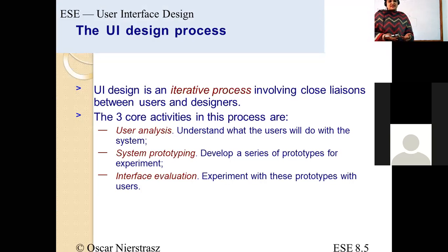By user analysis, we mean understanding what the user will do with the system. System prototyping means developing a series of prototypes for experiments, and interface evaluation means experimenting with these prototypes with the user: I have created a user interface prototype, are you satisfied? If the user says he is satisfied, we can proceed; otherwise we move backward and correct the errors related to the user interface. That is the main thing.